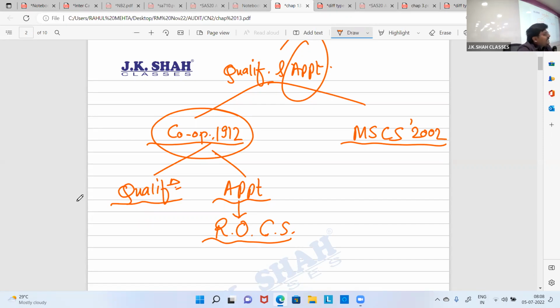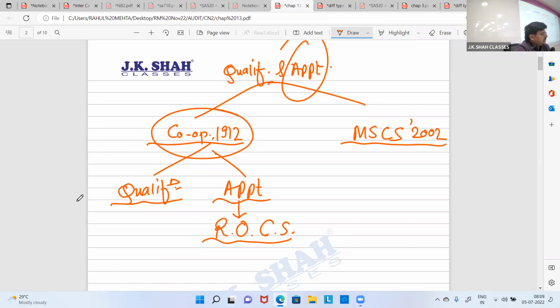Is this okay? Tell me. Qualification, tell me. How did I state it? Apart from a chartered accountant, any person who holds a diploma in cooperative accounts is eligible to become auditor of a cooperative society, or any person who has worked as an auditor in a cooperative department of the government is eligible to become an auditor of a cooperative society.